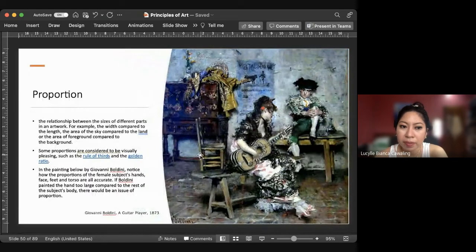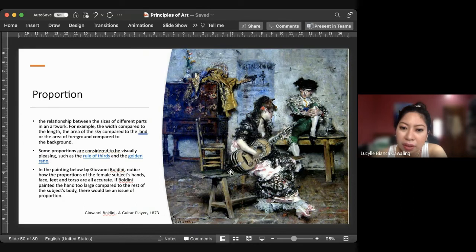So for example, this one, you could see how this one is not proportionate to the face. For example, the hand is much smaller compared to the head, so it's not proportionate.